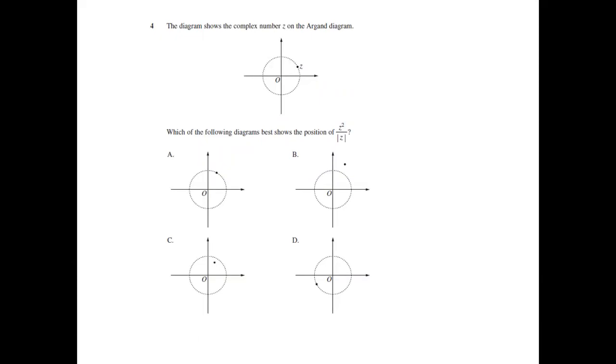Question 4, complex numbers. Which of the following diagrams best shows the position of Z squared over the modulus of Z?